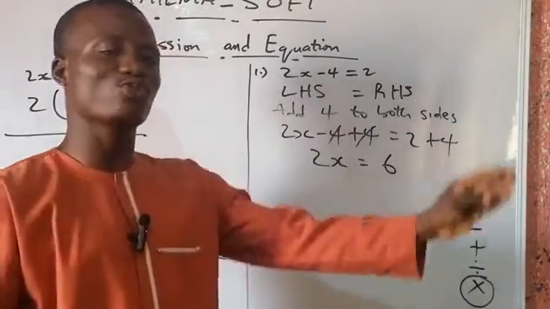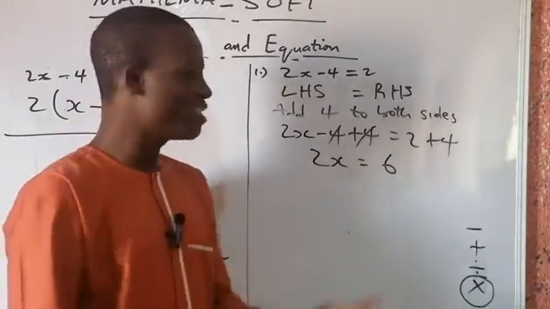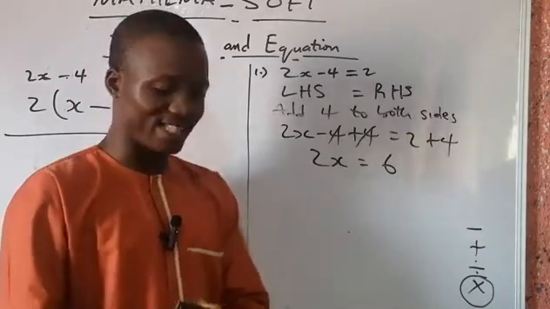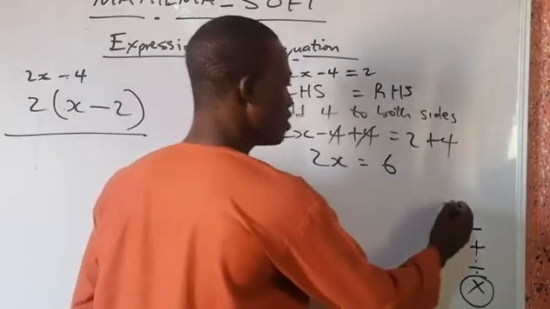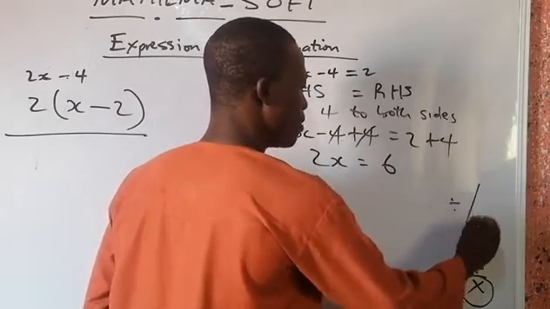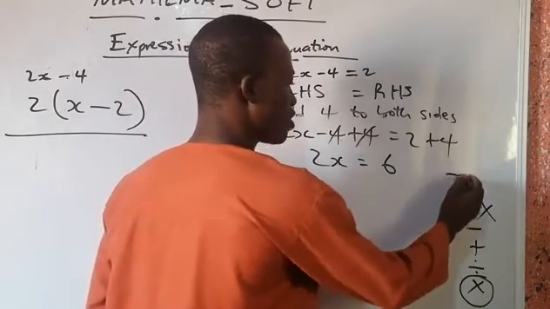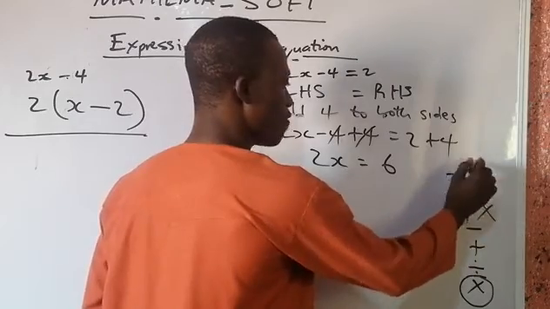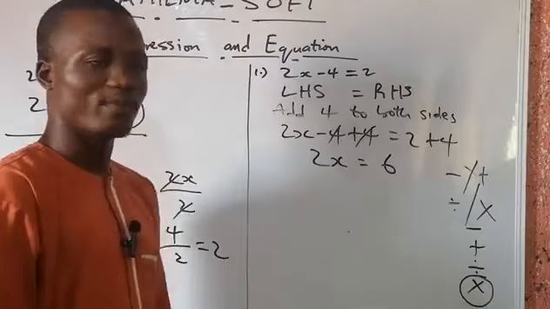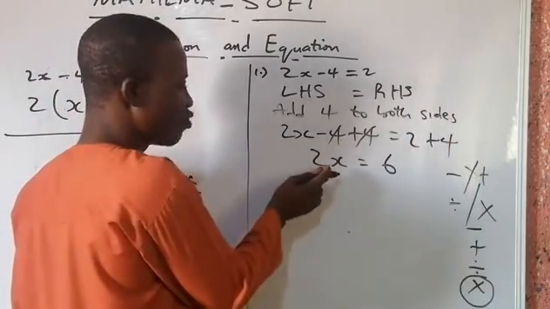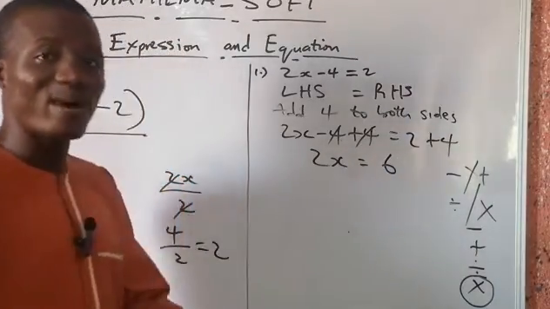But I want to separate these two so that x can stand alone. Since it's multiplication that is there, don't forget, I said you will use the opposite sign to nullify it. Division is the opposite of multiplication, while subtraction is the opposite of addition. So here, I need division to remove this multiplication. Then what number do I want to remove? The number is 2.